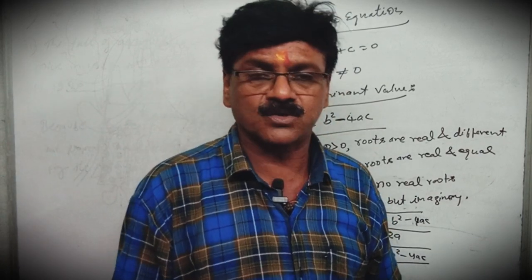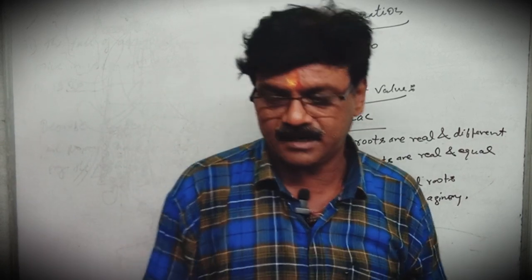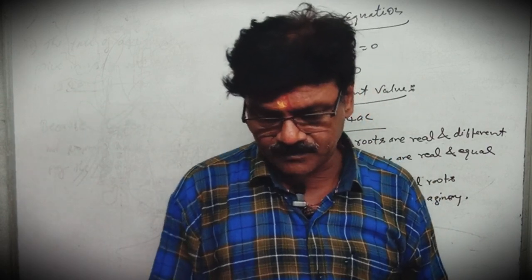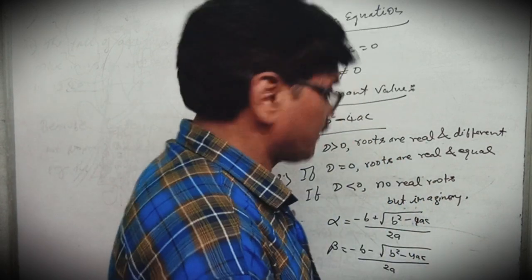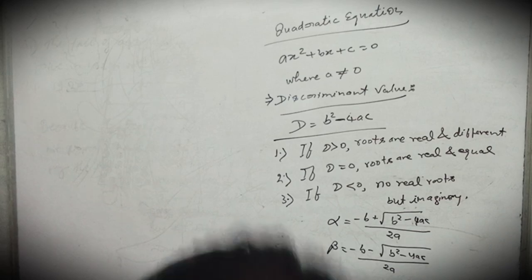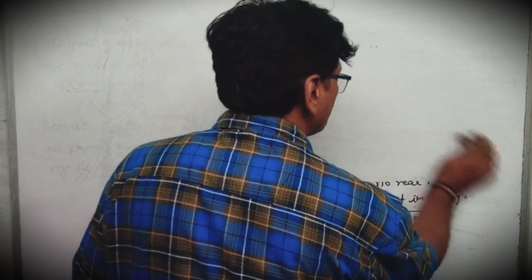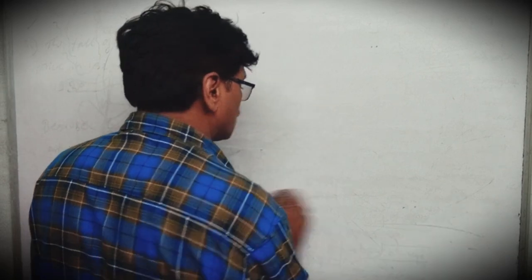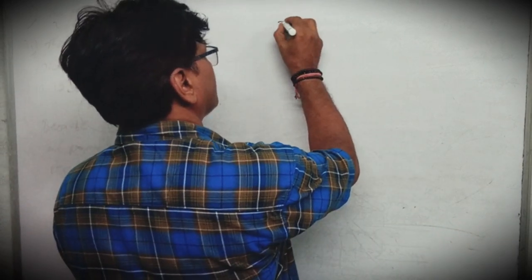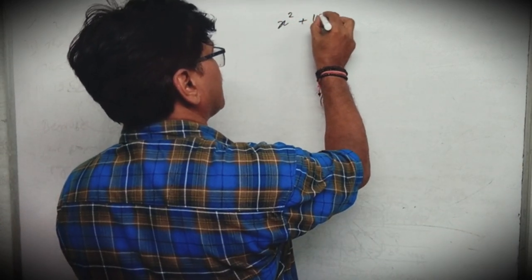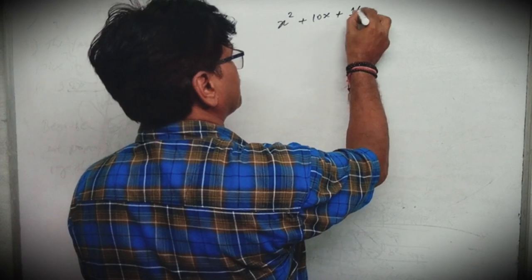Now I will tell you about some quadratic equations. First, I am taking the case where D is greater than 0, and how you will see the different roots. Suppose I am taking x square plus 10x plus 16.